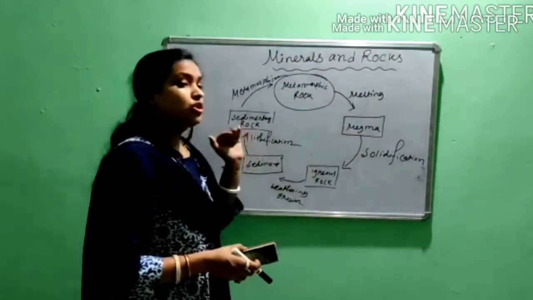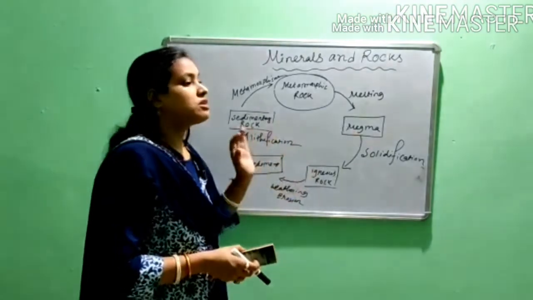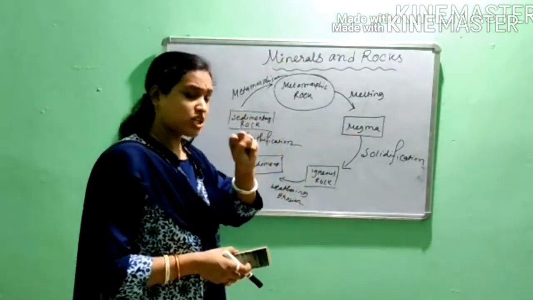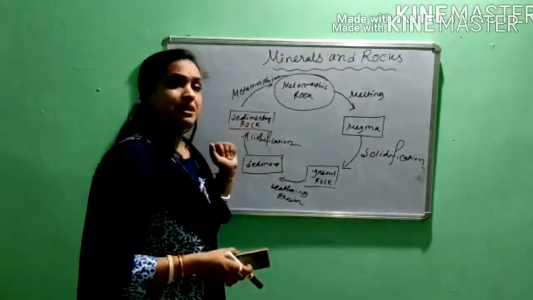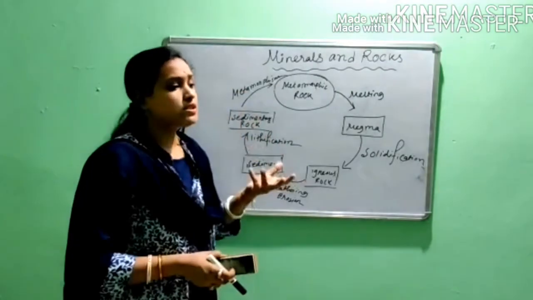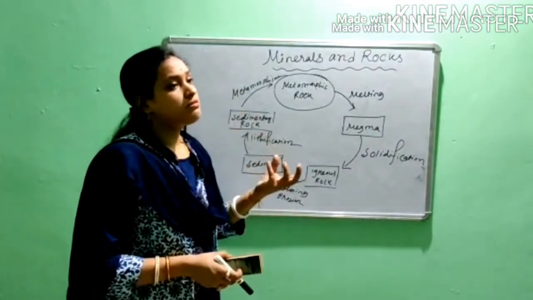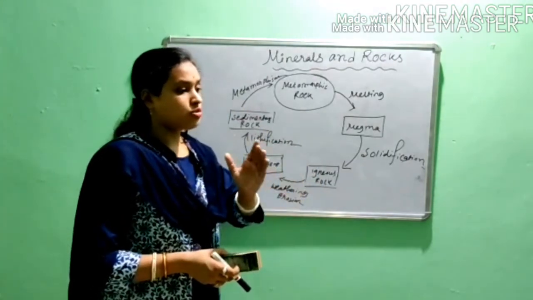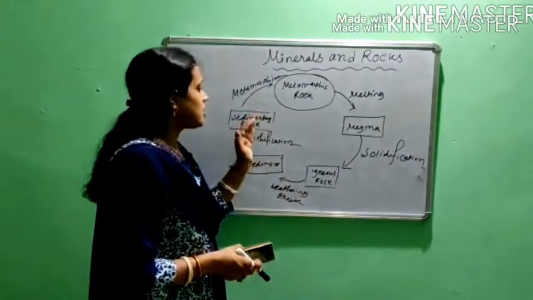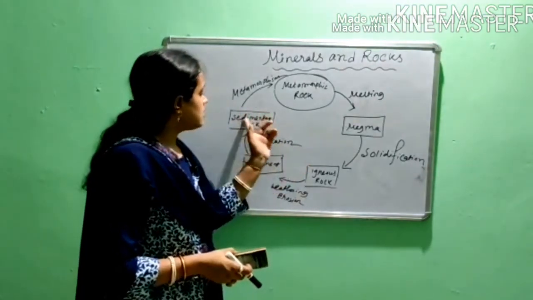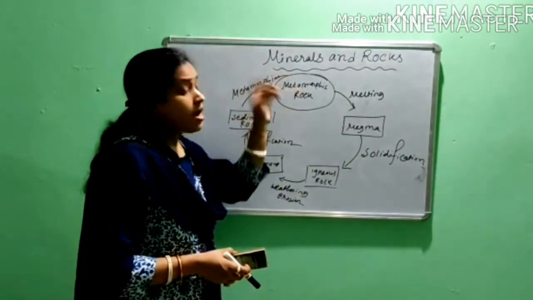Sediment, through the process of lithification, that means compaction, we find sedimentary rock. Then sedimentary rock, through the process of metamorphism, through pressure, volume change, or temperature change, transforms into another rock. So this sedimentary rock also transforms into metamorphic rock.